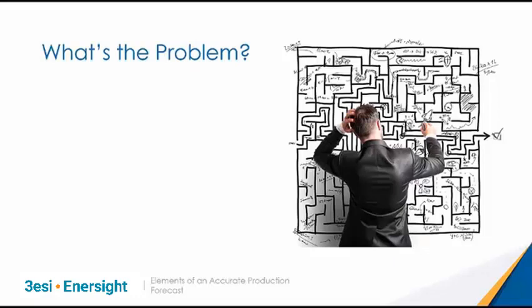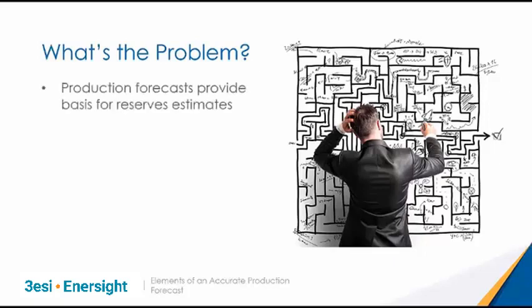All right. Why not just put your data in some rate versus time data matching procedure? Well, there's a problem in doing that. So let's look at what the problem is. These production forecasts that we make, I think as we all know, really are the basis for our reserves estimates.